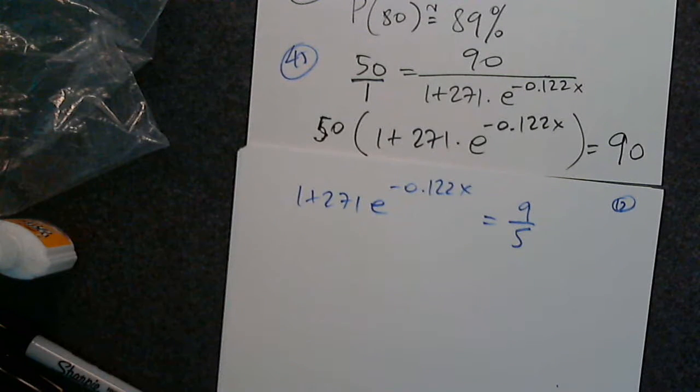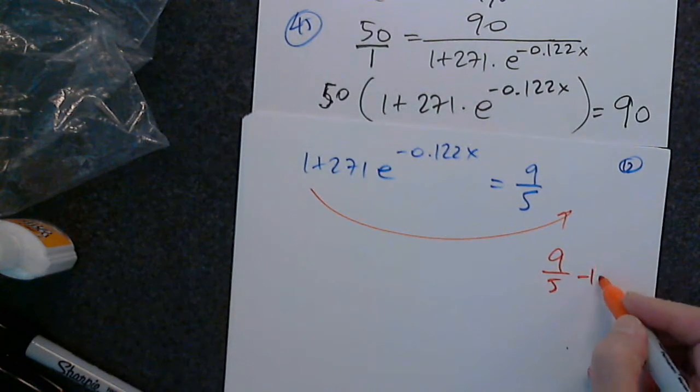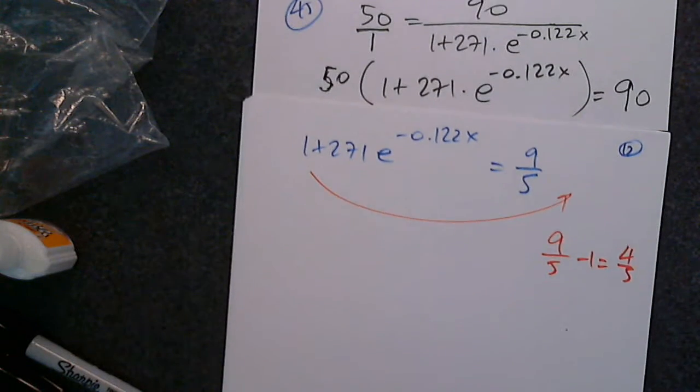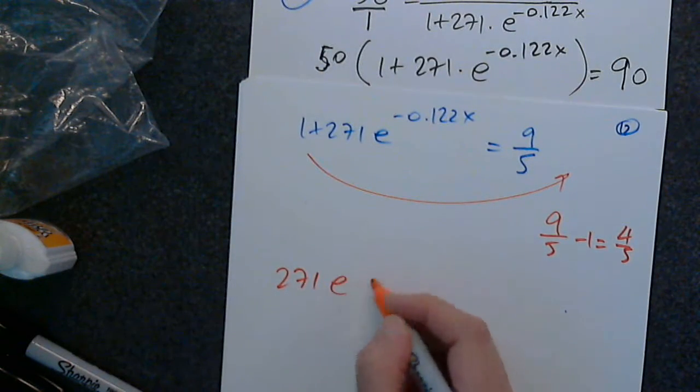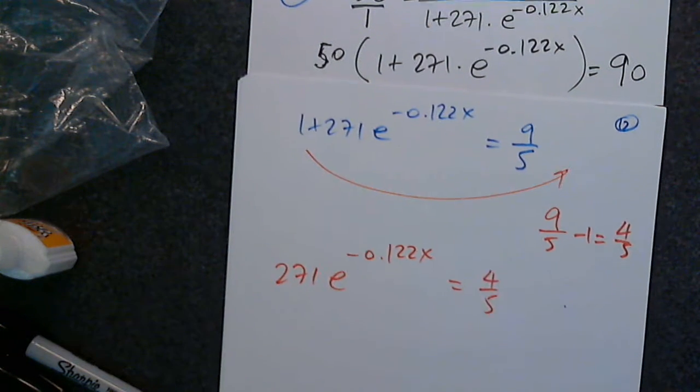Okay. How do I clean it up next? What do I get rid of now? Of 1. 1 has to go away. So I move it to the other side. 9/5 minus 1 is 4/5. So 271 e to negative 0.122x equals 4/5.